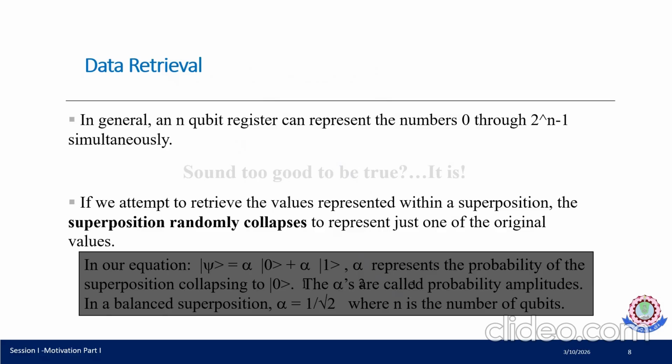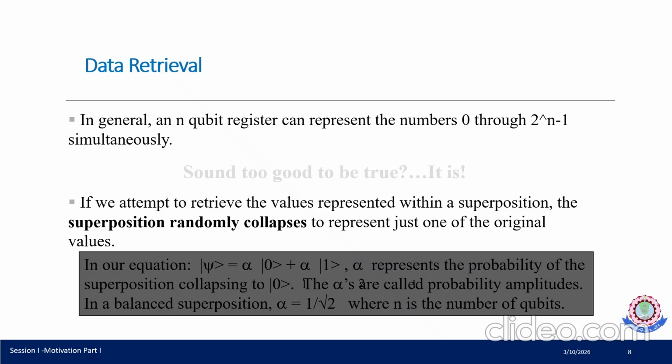So the next technique is termed data retrieval. In general, an n-qubit register can represent the numbers 0 through 2 power n minus 1 simultaneously. This sounds too good to be true, doesn't it? If we attempt to retrieve the values represented within the superposition, it randomly collapses to represent just one of the original values.